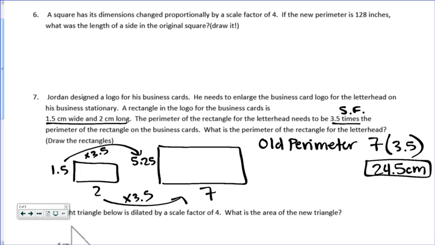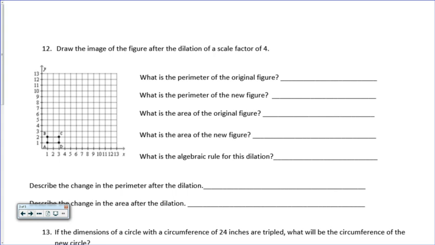Number 12. Okay, draw the image of the figure after the dilation of a scale factor 4. So all of these steps we're going to walk through. Each of those are things that you need to be able to do. So the first step says, what is the perimeter of the original figure?